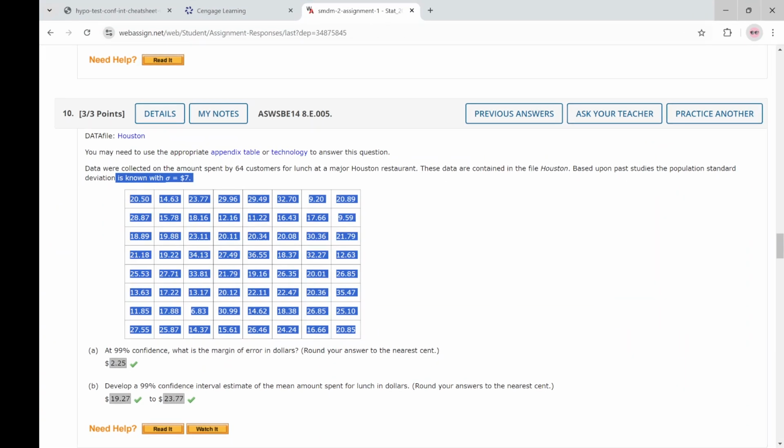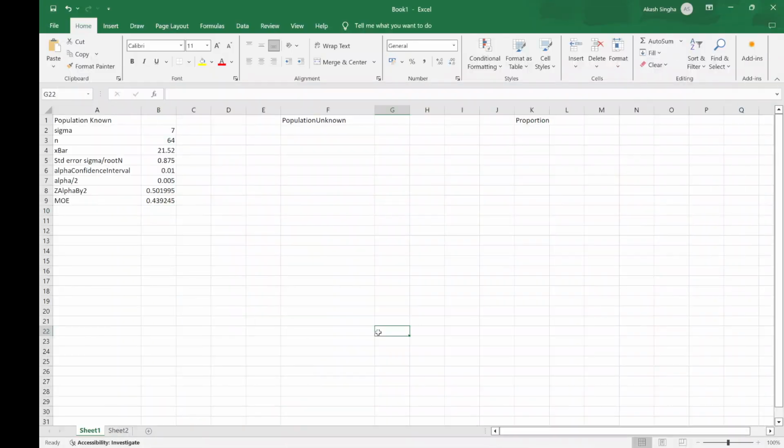I guess z alpha by 2 we have to calculate. Let me check once.